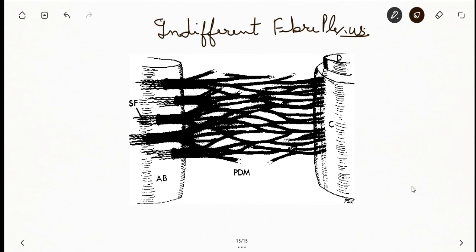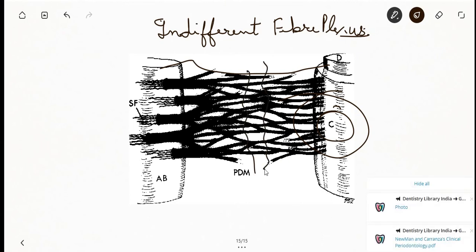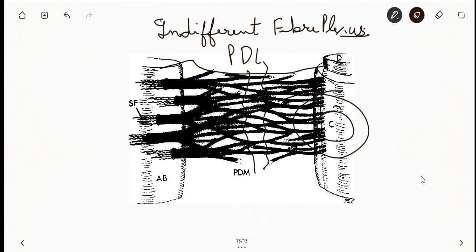The principal fibers run a wavy course from the cementum to the bone. The fibers arising from the cementum and the bone are joined in the mid portion of the periodontal ligament space, giving a zone of distinct appearance that is known as the intermediate plexus.